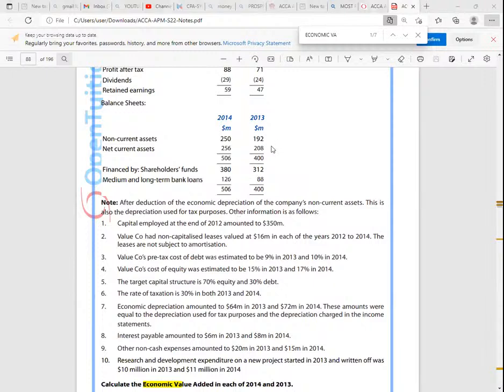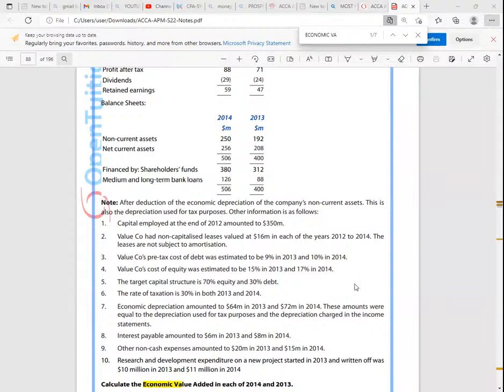Why? I have 2013, so this capital employed at the end of 2012 is the beginning balance of 2013.